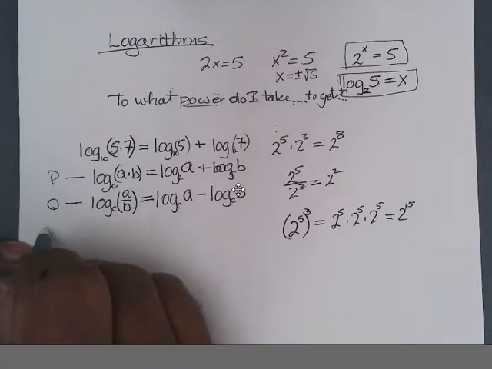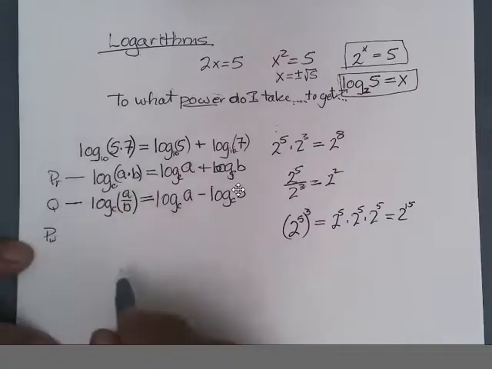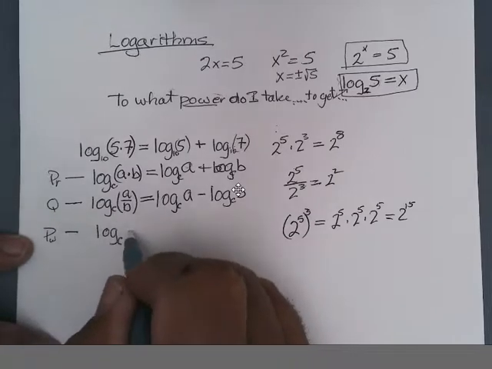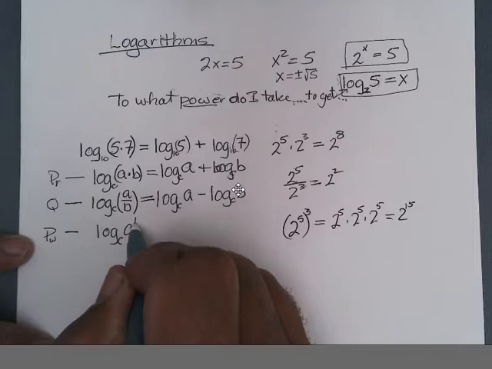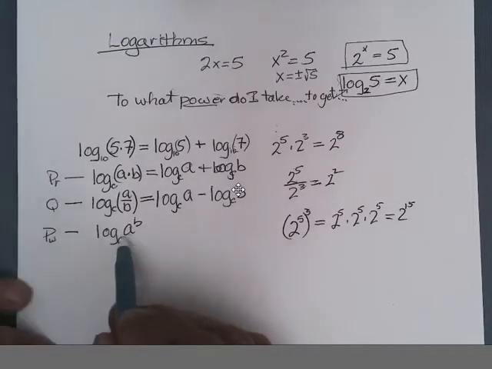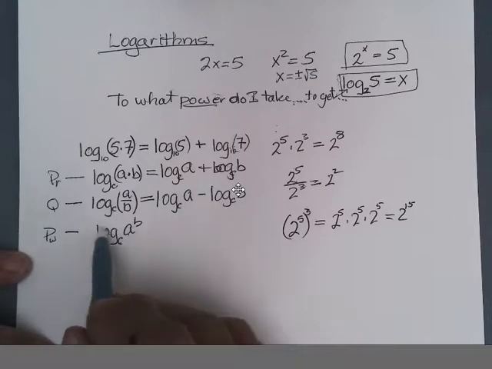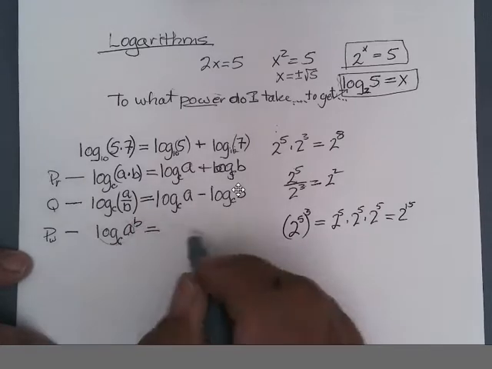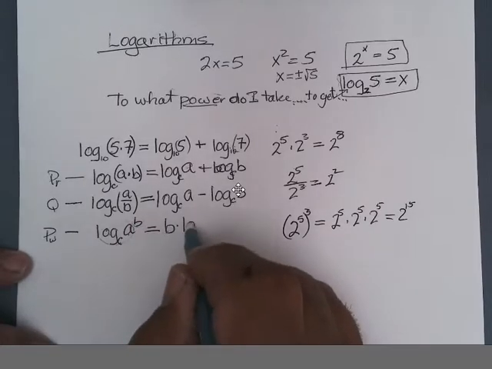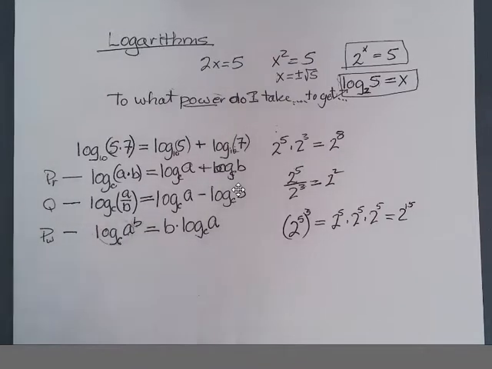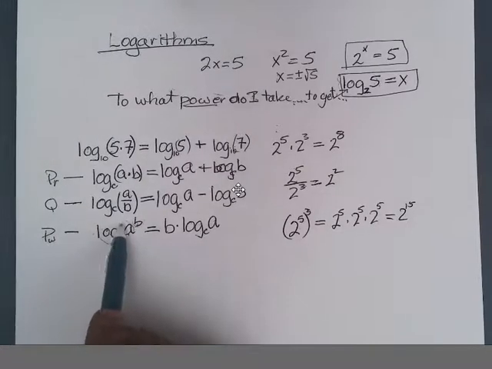So the power rule is if I have log with some base c of a to some power b, this says to what power do I take 10 to get a, and then I take it to a power, so I multiply the powers. This power times this power, so I get b times log base c of a. Now we sometimes say we just bring the power down, but it's basically following the rule here. We multiply a power times the power.